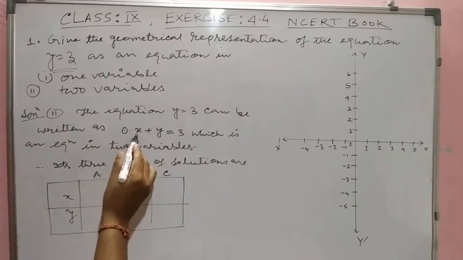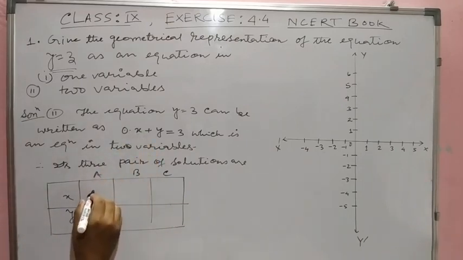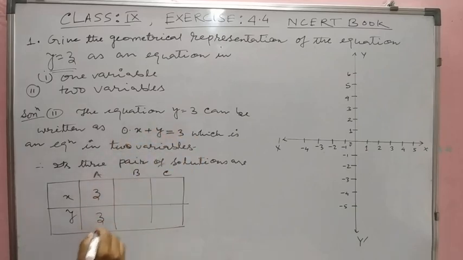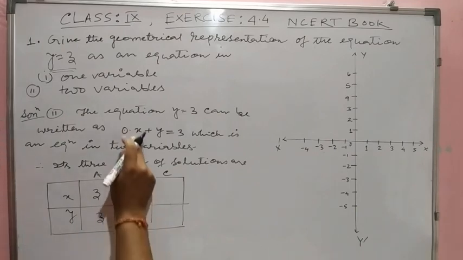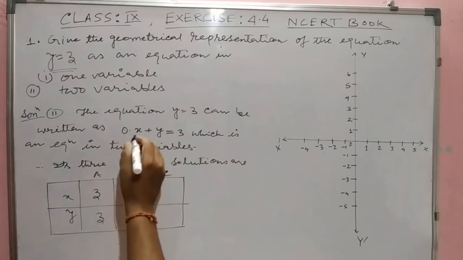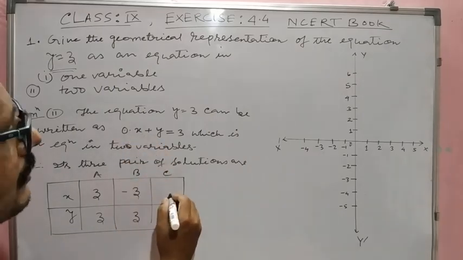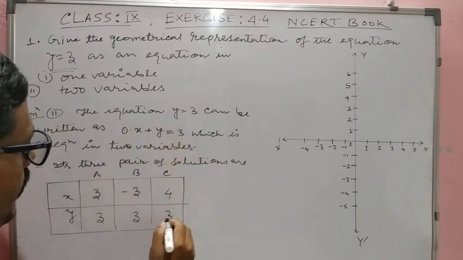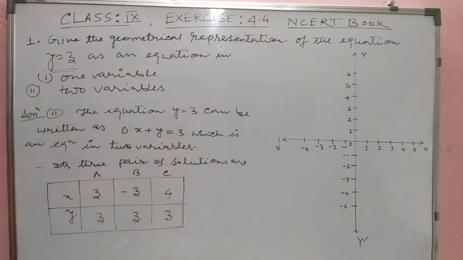So if we put the value of x as anything, suppose value of x is 3, so 3 into 0, 0, so y equal to 3. Suppose value of x is minus 3, so minus 3 into 0, 0, so y equal to 3. Value of x is 4, so 4 into 0, 0, so value of y equal to 3. So these are the three pair of solution of this equation.